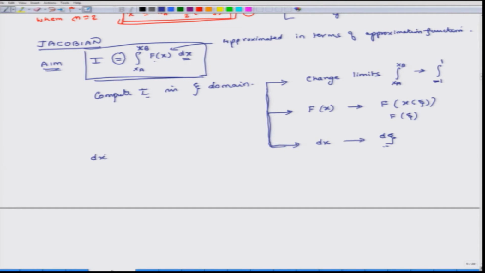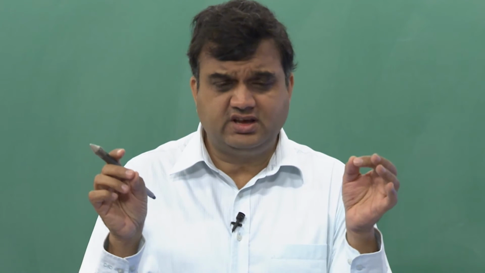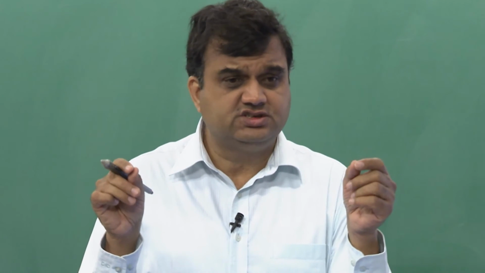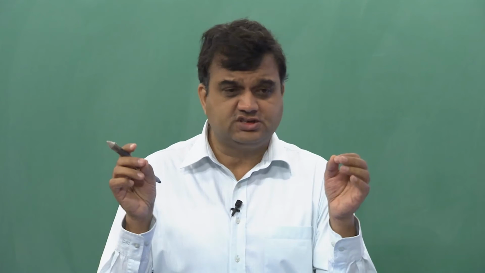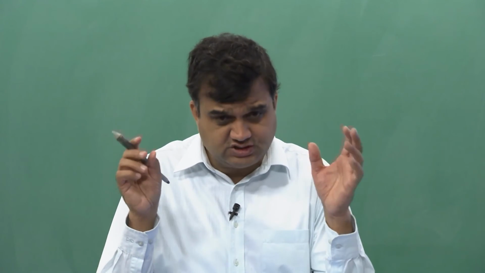How do I transform that? dx is equal to dx over d zeta times d zeta. Physically, what does it mean? What does dx mean physically? dx represents a small change in x. df means a small change in f. dy means a small change in y. How small? Extremely small, infinitesimally small change.